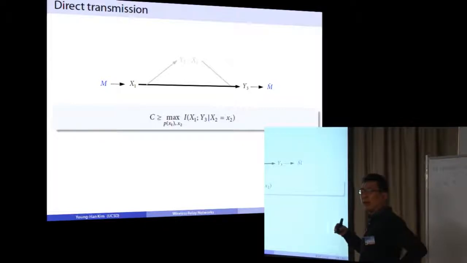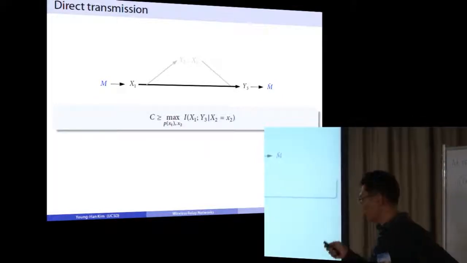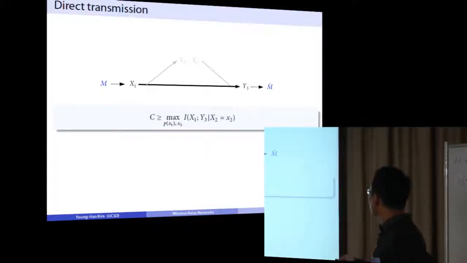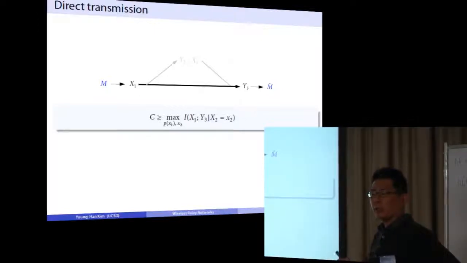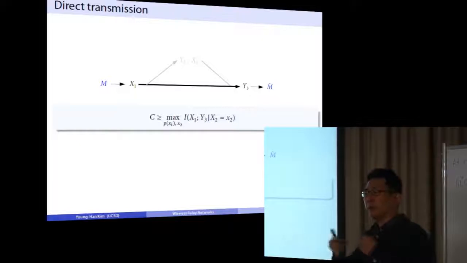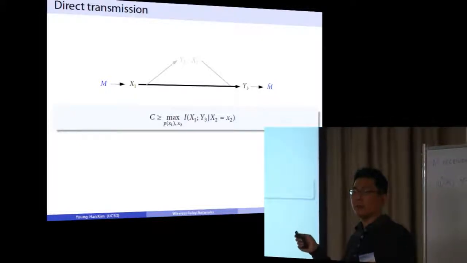And to get to decode forward, I'm going to gradually build a coding scheme. So what is the most basic way of using the relay? Well, that is not using the relay, which is direct transmission. For direct transmission, the relay doesn't do anything. So it simply sends the most favorable signal. You can think of it as the relay being silent.